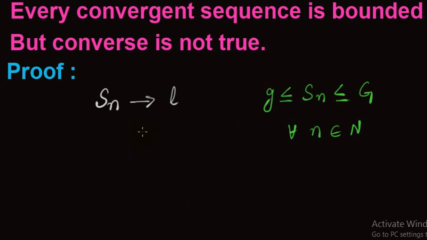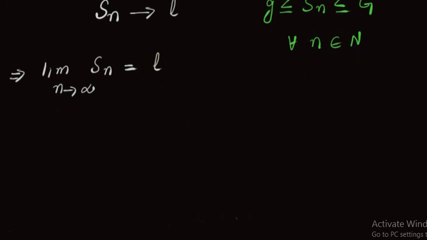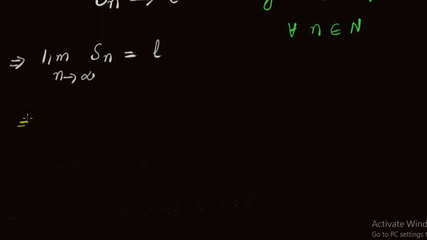Now, as Sn converges to L, we can write it in the form of a limit, that limit as n approaches infinity of Sn is equal to L. Now we apply the definition of limit, which is mod of Sn minus L is less than epsilon for all n belonging to N, n greater than or equal to m.